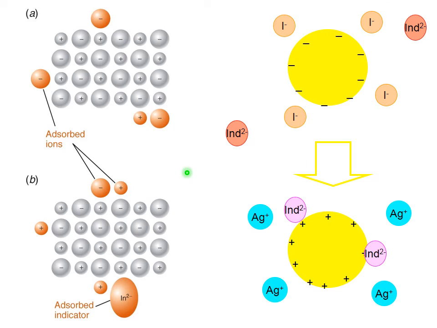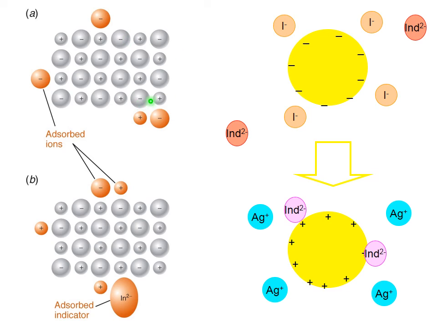In some cases, we can do this titration without silver electrodes, and this is the so-called Fajans method or adsorption indicator. What happens? When I'm titrating, at the first moment, my particles are negative.